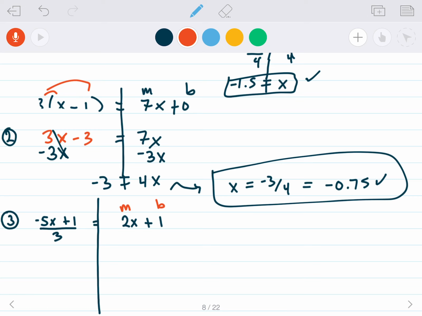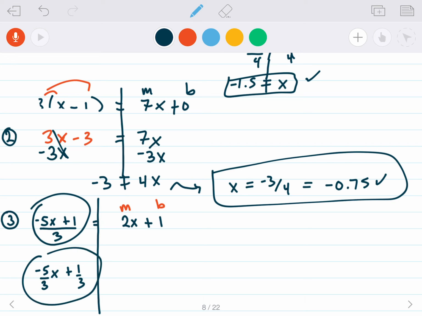Since negative 5x plus 1 is all over 3, I can separate the terms out by writing this fraction as negative 5/3 x plus 1/3. And hopefully you guys can see that this is the same thing as this. I'm just using the laws of fraction addition to separate the fractions out.